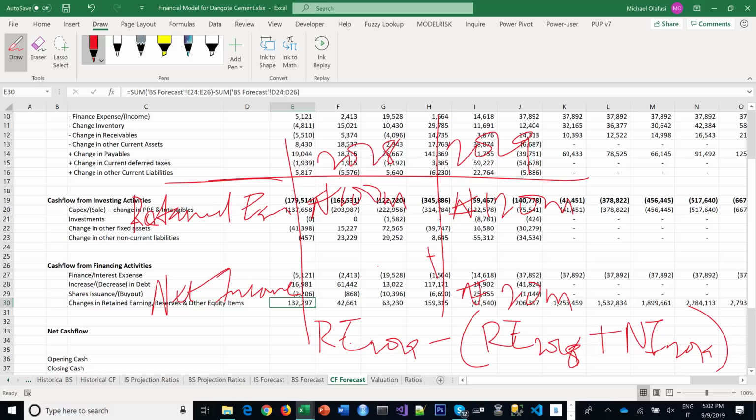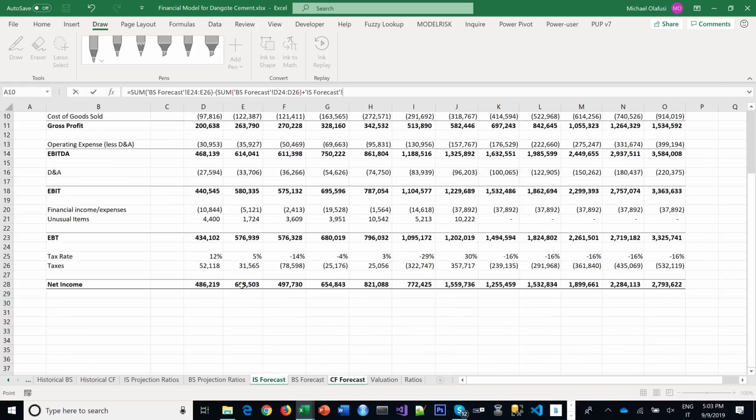So I'm going to have to do that: this year, minus retained earnings for last year, plus the net profit for this year.